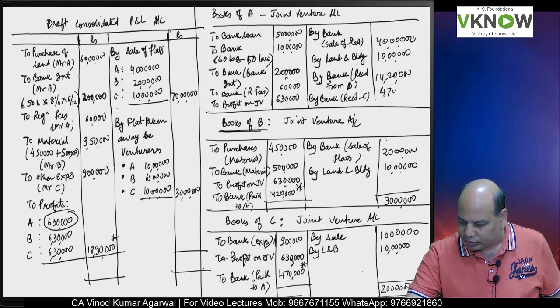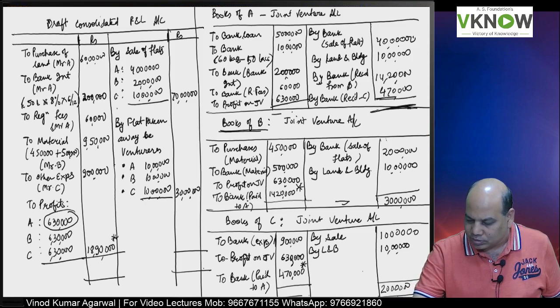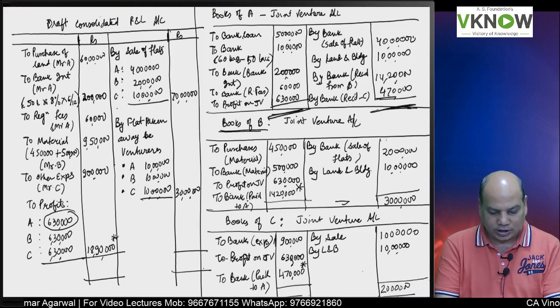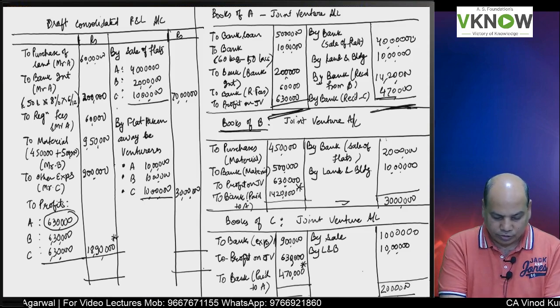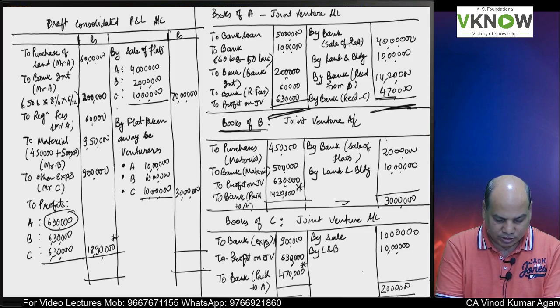This is how the accounts will be closed. Now just check whether joint venture account in the books of A is automatically tallying or not. If it is automatically tallying, then my job is done.